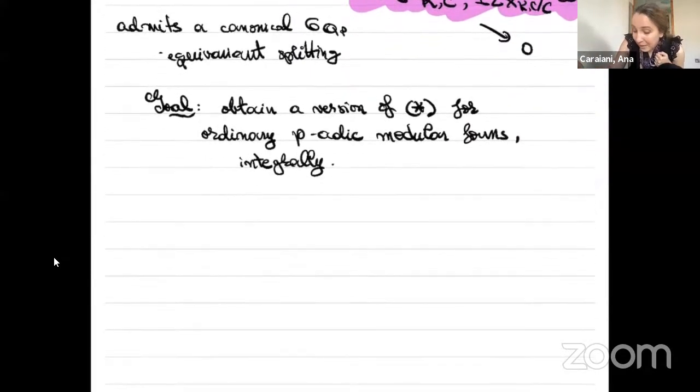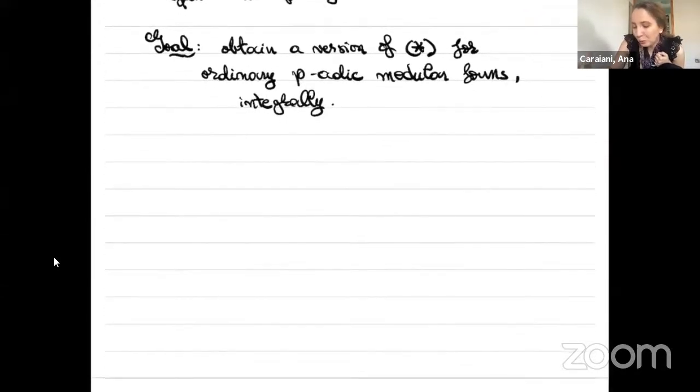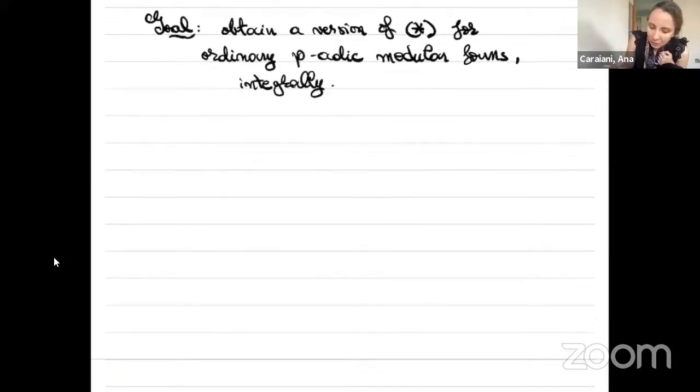And as I said, this has already been done by Ohta, but our goal is to give a new proof that exploits some recent developments, both in the theory of Shimura varieties, of which the modular curve is an example, and in the theory of p-adic automorphic forms, where there are these new constructions of higher Hida theory due to Pilloni and Boxer–Pilloni that construct families by p-adically interpolating coherent cohomology in degree more than 1. Okay, so this is the goal.